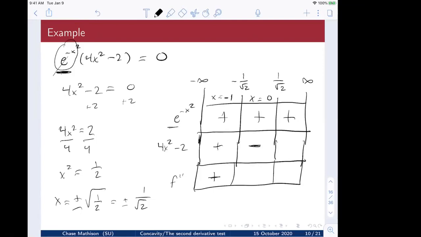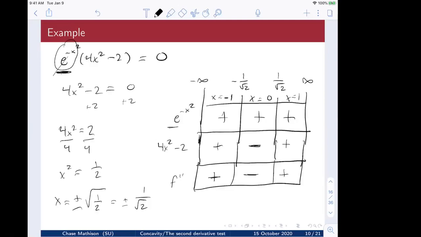Very good. So f double prime is a positive times a negative, which is a negative. And then clearly we're going to pick x equals 1 over here. What sign does 4x squared minus 2 have when x is 1? Positive. Very good.